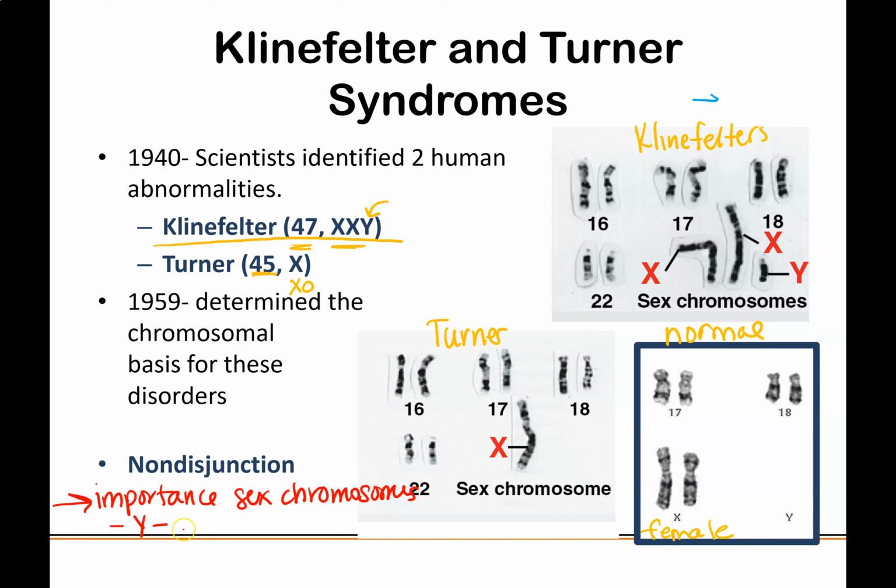So the understanding that a lack of a Y chromosome leads to no male development. And so sort of by default, when there's no male development, there is female development. So these two syndromes really helped us to understand the importance of having two sex chromosomes and having the proper complement of sex chromosomes.